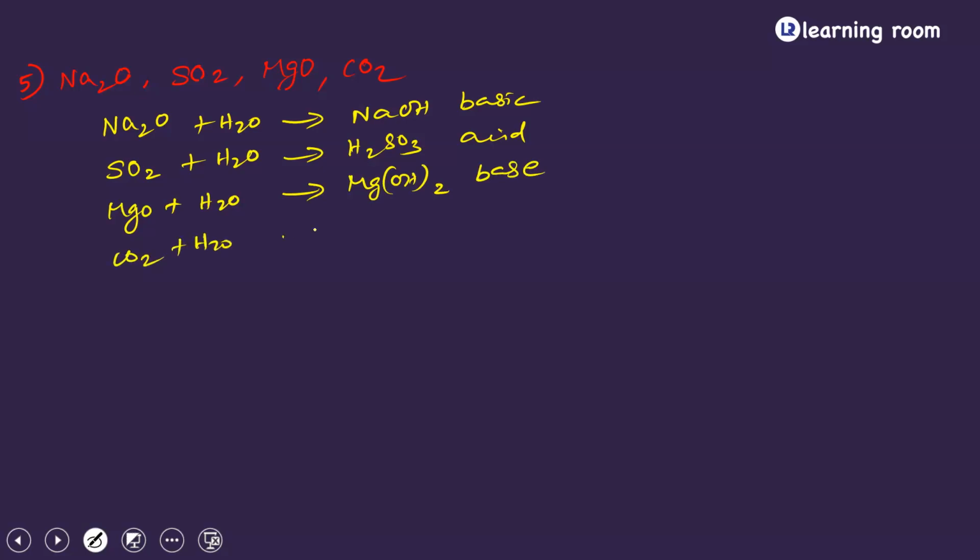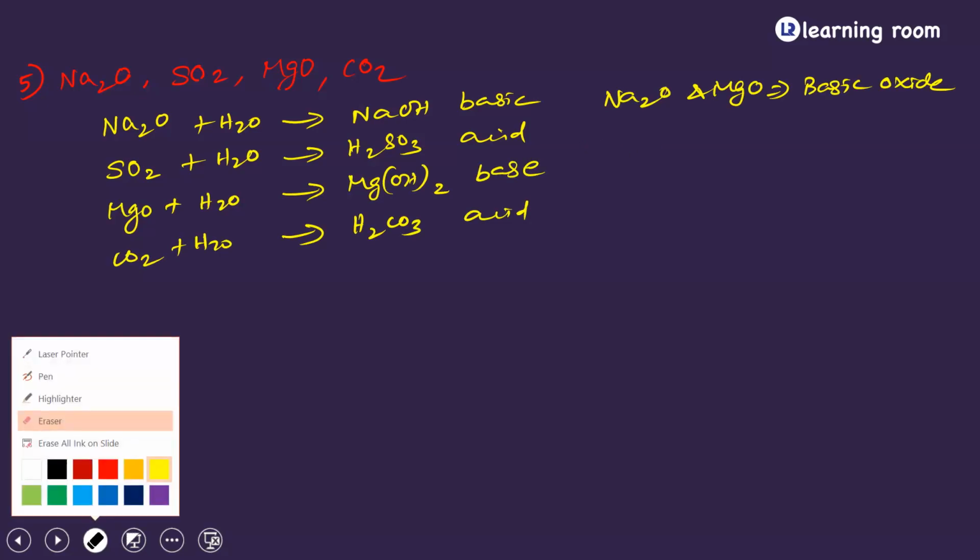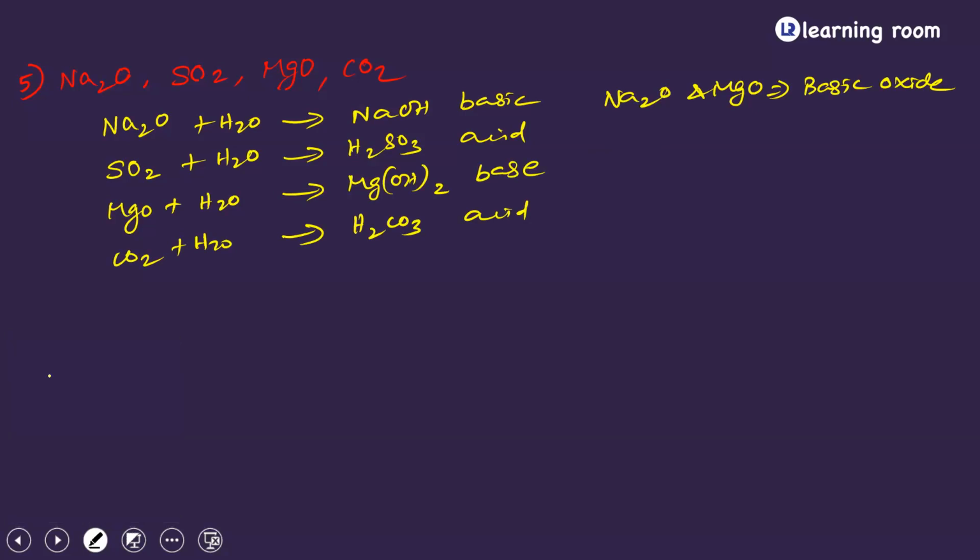CO2 plus H2O gives H2CO3, carbonic acid. So Na2O and MgO are basic oxides, and SO2 and CO2 are acidic oxides. And then the sixth question.